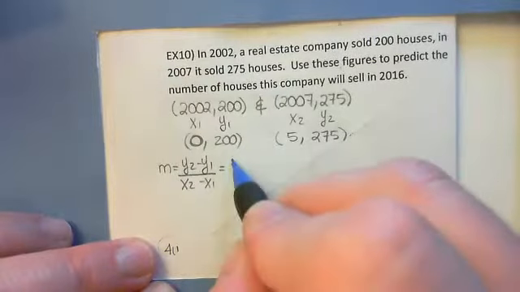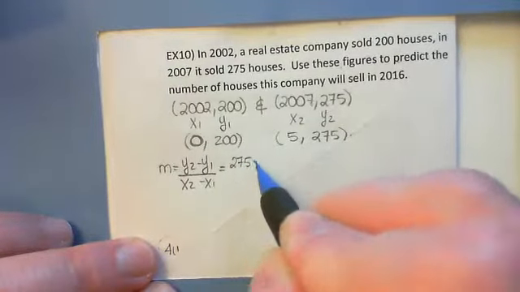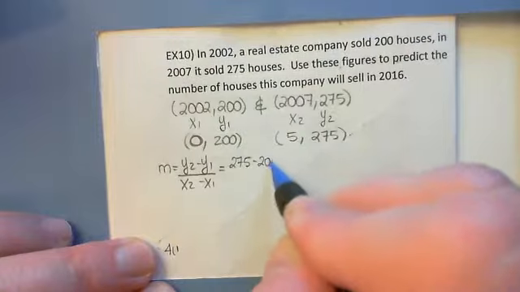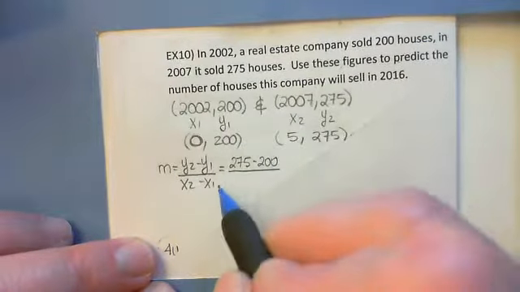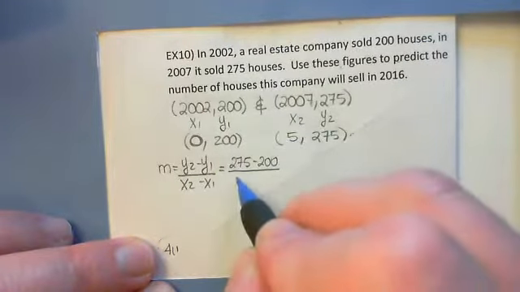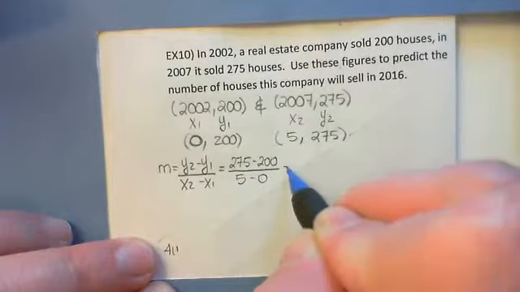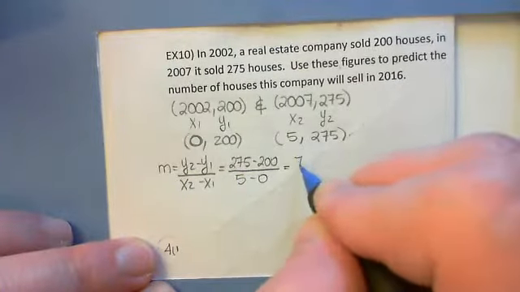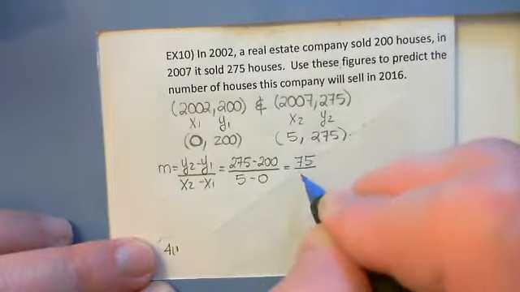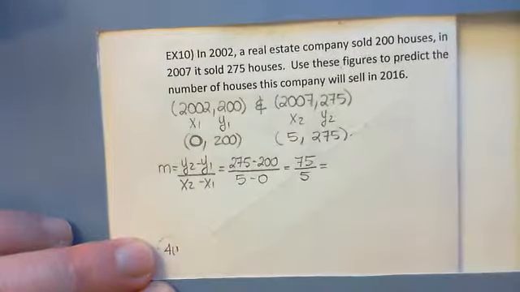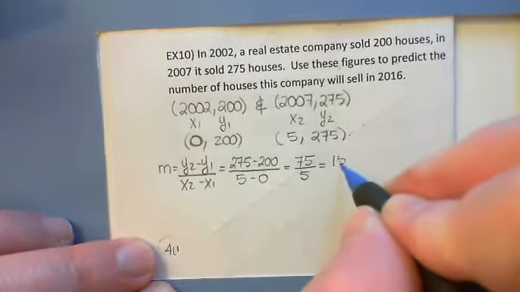So y2 is 275 and y1 is 200. Now we're going to do x2 minus x1, which is 5 minus 0. This is 75 over 5. 75 over 5 is 15.